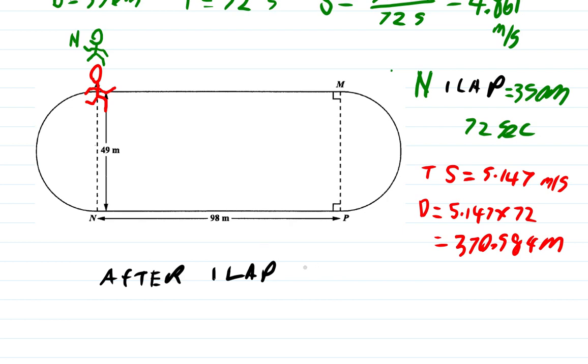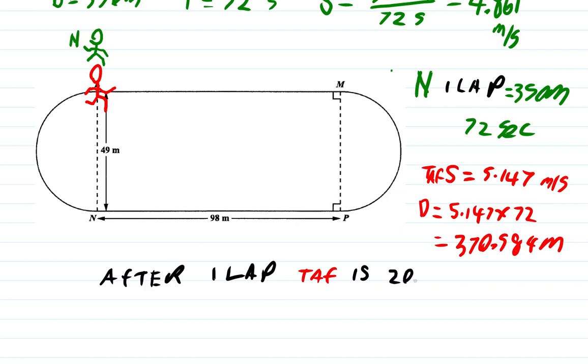So after 1 lap, Tafari, not Nathan, is how many meters ahead? 370 minus 350, 50, 60, 70.